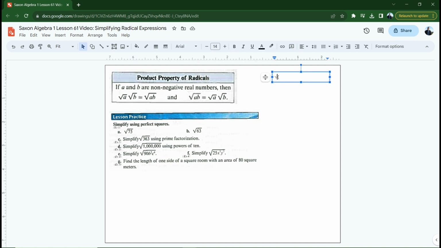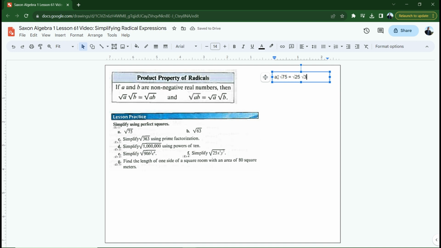Now, how does that play out? Well, let's actually take a look at this in a real problem. Here we're going to have letter A, and we're going to take the square root of 75. Okay, the square root of 75 is the same as the square root of, can I break this down into any perfect square numbers? Well, 25 is a perfect square number, and 25 times 3 is 75. But we're not talking about 75.